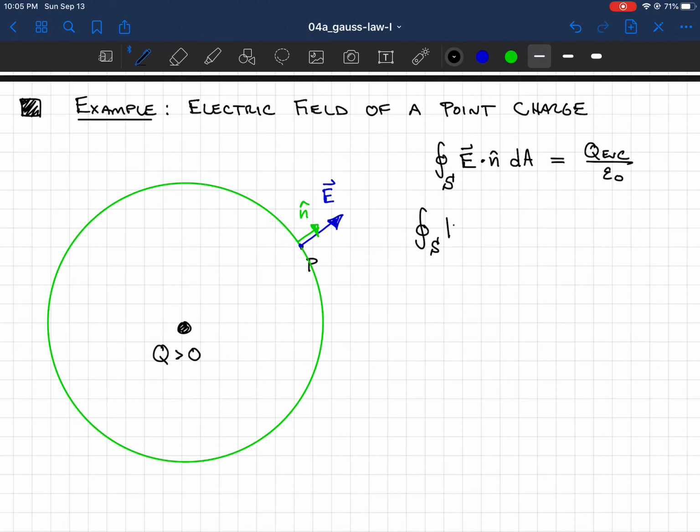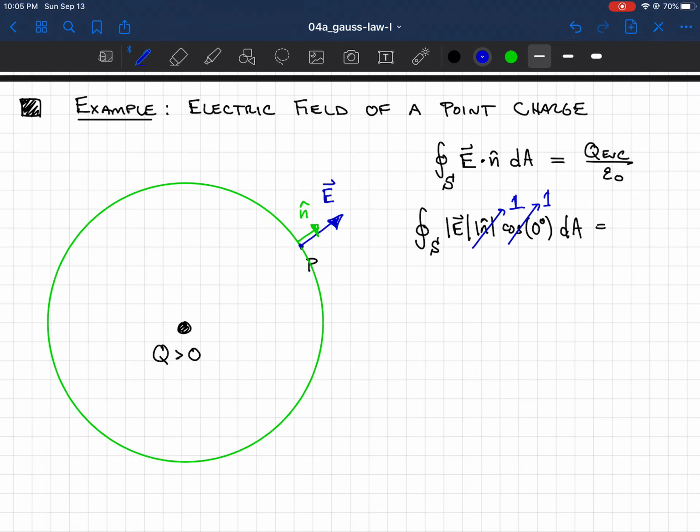So this integral then becomes magnitude of E, magnitude of n, cosine of 0 degrees. Remember, magnitude of n is 1, cosine of 0 degrees is 1. So we're just left with the magnitude of the electric field inside of that integral.